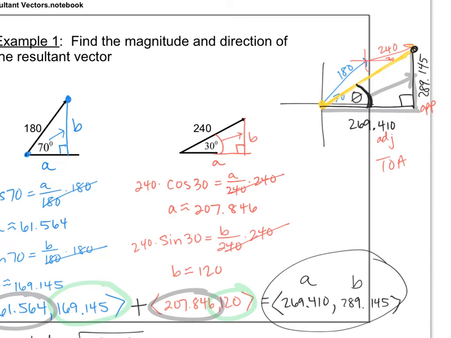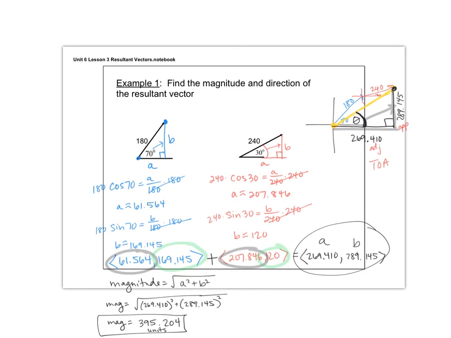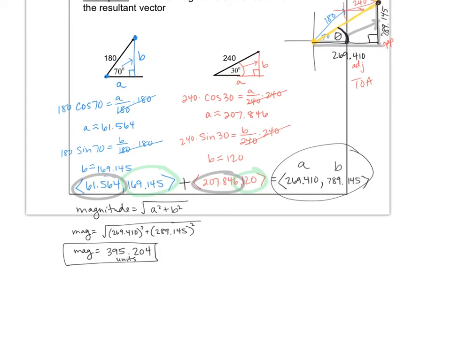So what we're going to do is take the tangent of that triangle and we'll be able to solve for theta. I'm just going to scroll down here again so I have a little bit of work area. Tangent theta equals opposite, which is 289.145 over adjacent 269.410. Type it in your calculator. Remember, you're going to have to take inverse tangent to solve this.